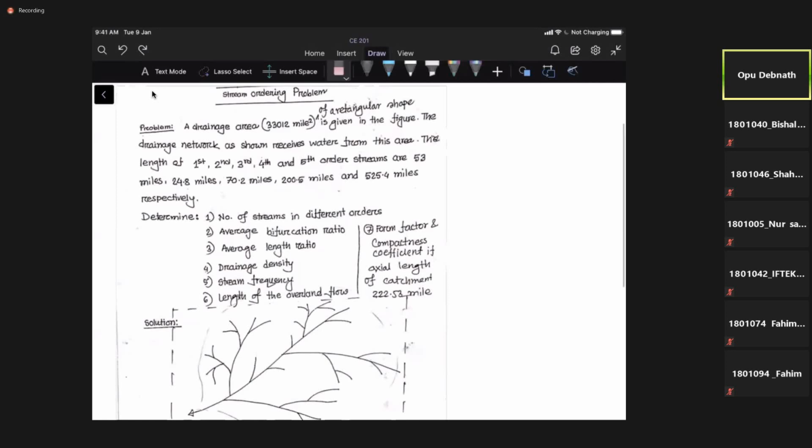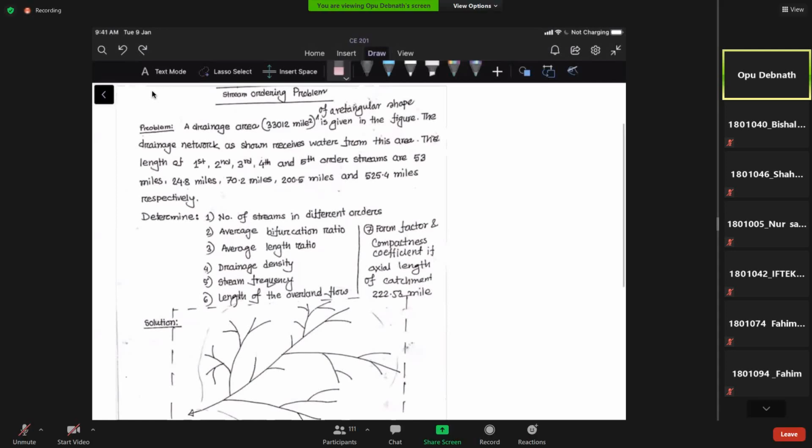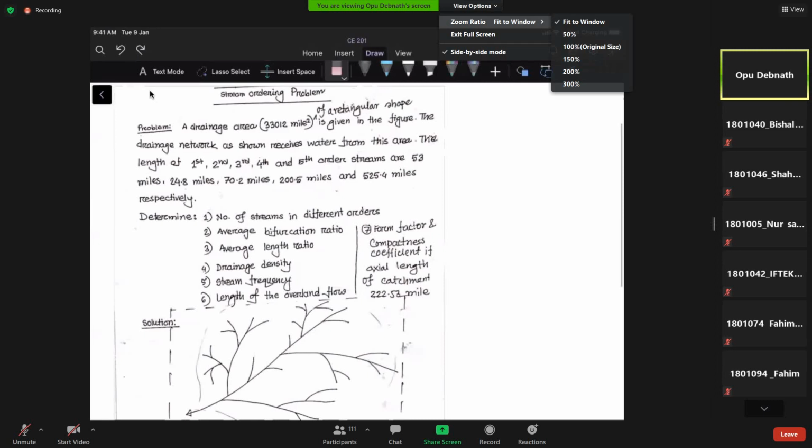The first task. In this method, as we learned yesterday, the very first step is to consider a main stream. For this specific problem, it is very clear that this is the main stream. Okay, so this is the main stream, and thereafter we should search for sub streams.